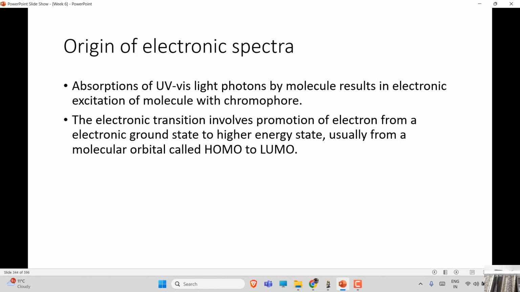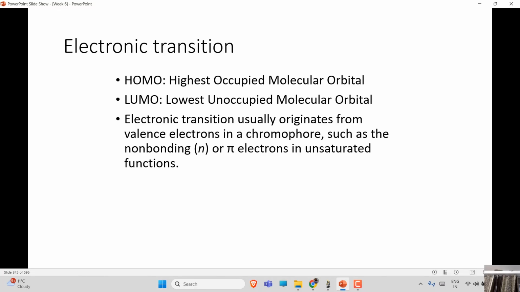Now, what is the origin of this electronic spectra? Absorption of UV-vis light photons by a molecule results in electronic excitation of the molecule with a chromophore. The electronic transition involves promotion of an electron from the electronic ground state to a higher energy state, usually from a molecular orbital called HOMO to LUMO. HOMO is the highest occupied molecular orbital and LUMO is the lowest unoccupied molecular orbital.